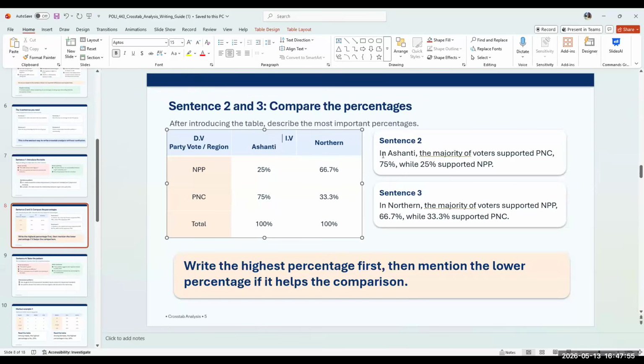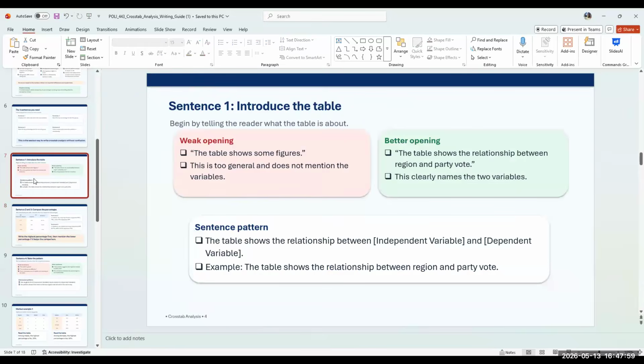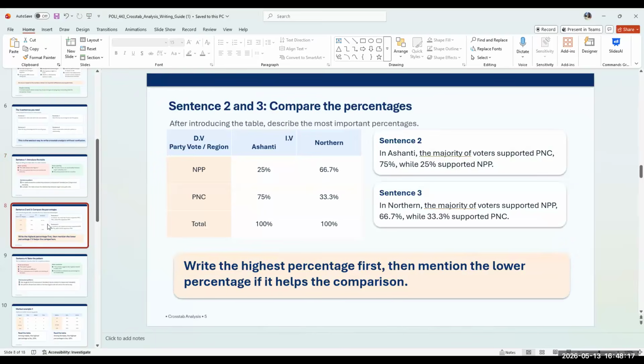So over here, listen to sentence 2. Let me start with sentence 1. The table shows a relationship between region and party vote, or this analysis is on a 2000 survey done and so on, where the table shows the relationship between region and party vote. In Ashanti, the majority of voters supported the PNC, which had 75%, whilst 25% supported the NPP.